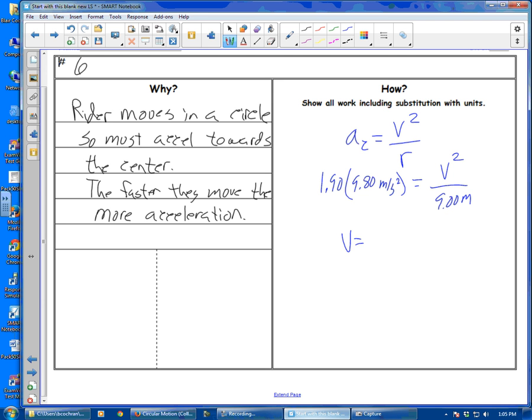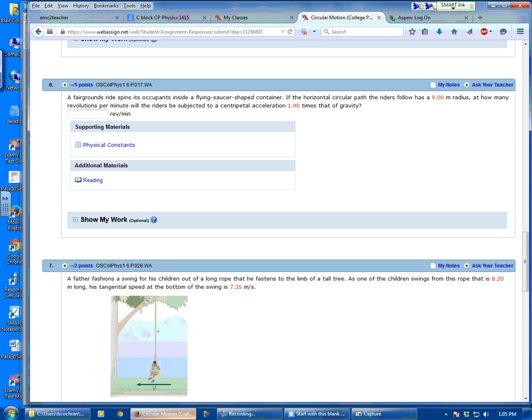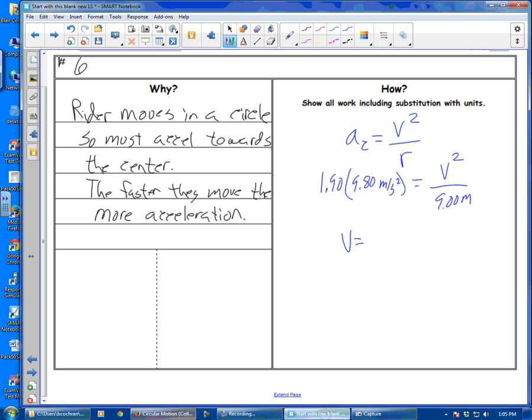Because they told me that the acceleration, sorry, I'll flip back here. My centrifugal acceleration is 1.9 times that of gravity. So what they're trying to do is make the acceleration make more sense to you. I'm just getting started.